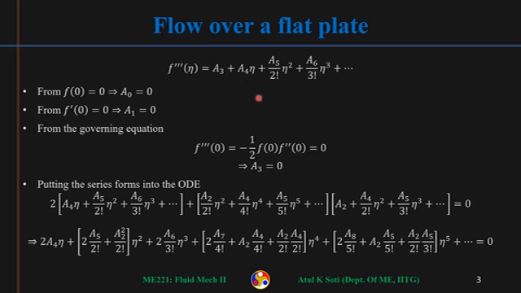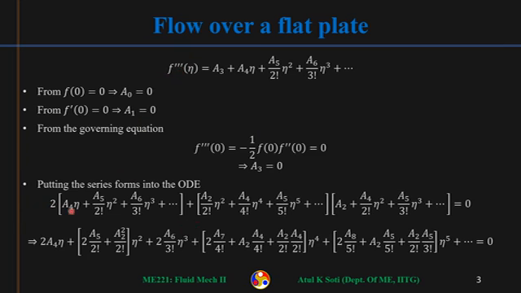Then what about the rest? For finding out the rest of the coefficients, we'll put this f, f double prime, f triple prime series back into the governing equation. So what we had was 2 into f triple prime, this half we have taken on this side.